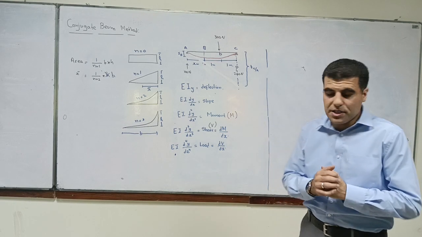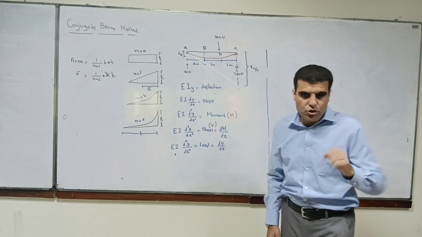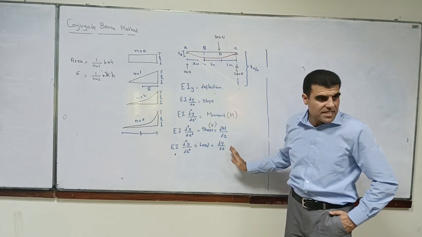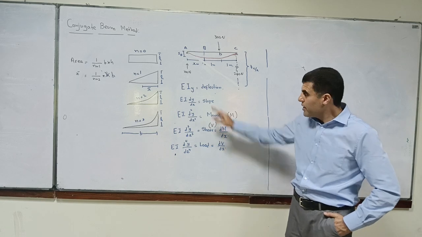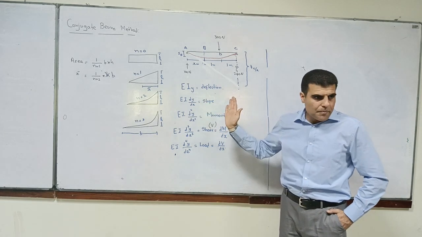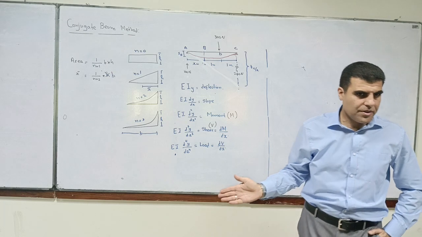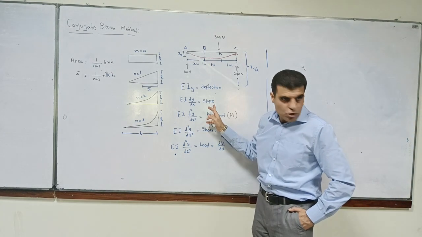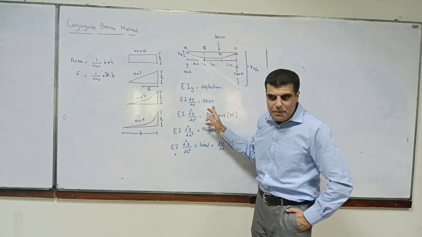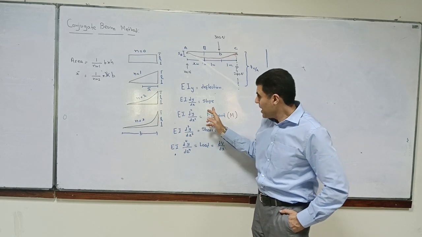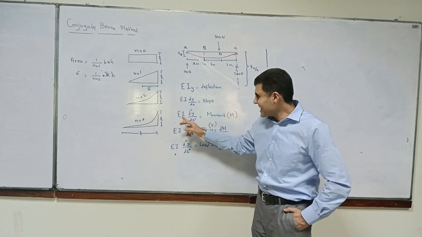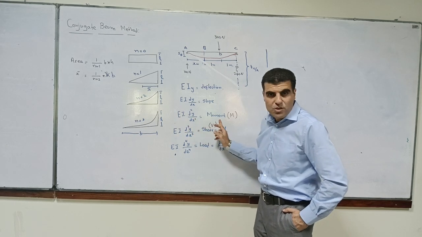Now how does it work? In order to understand the conjugate beam method, you have to understand these relations. Now this is familiar to you all, okay? What is EIy? That's a deflection, isn't it? You differentiate that, you get a slope. EI dy by dx is slope. You differentiate it once more and you get EI d2y by dx squared is equal to moment.